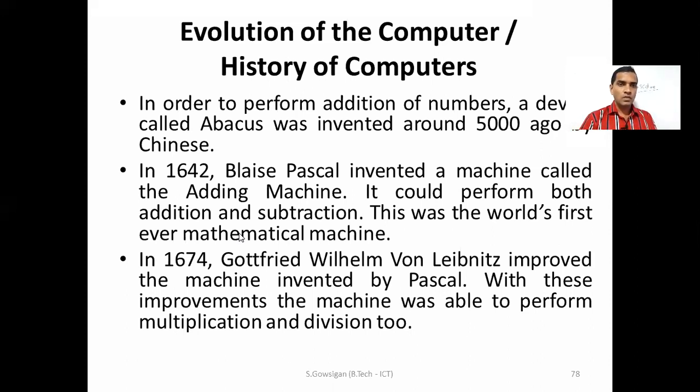At that time, it became meaningful. Pascaline performed only two, now it is a little bit advanced. Have you understood? So remember this point. In 1674, Gottfried Wilhelm von Leibniz improved the machine invented by Pascal. With these improvements, the machine was able to perform multiplication and division too. So that is important.